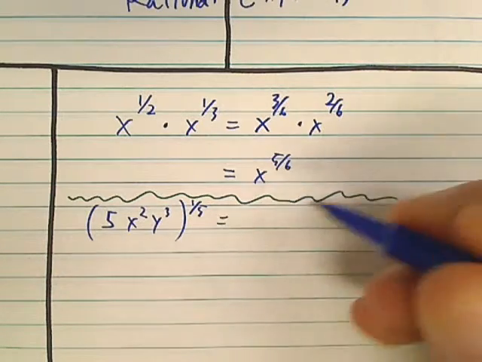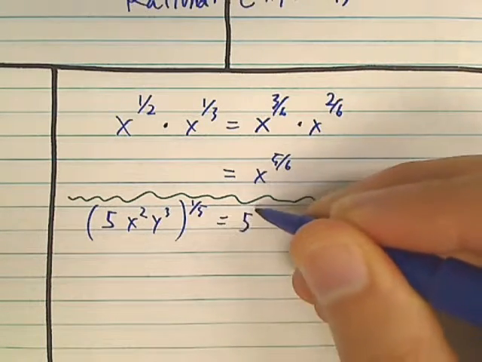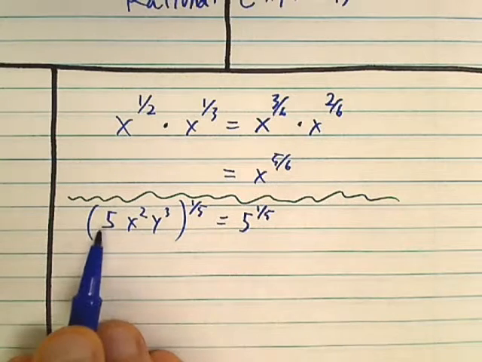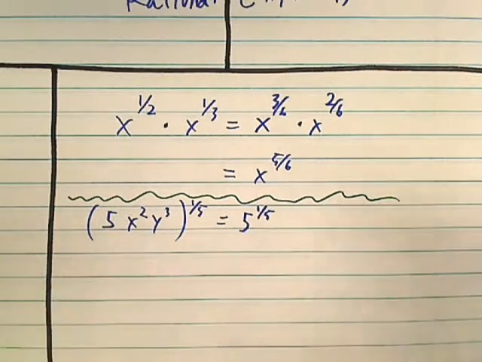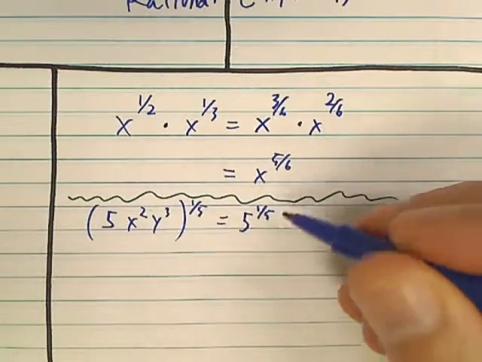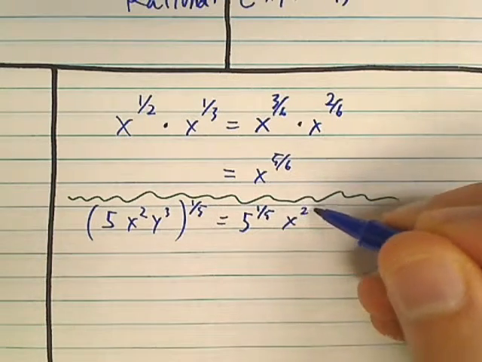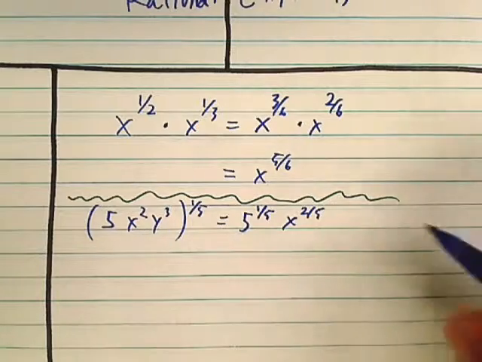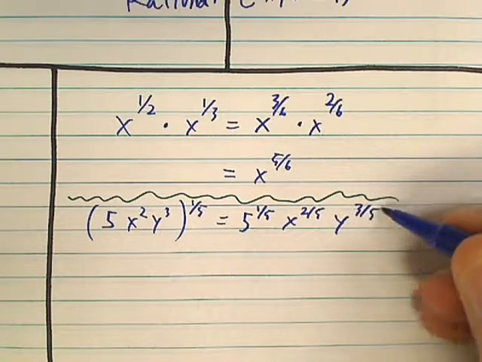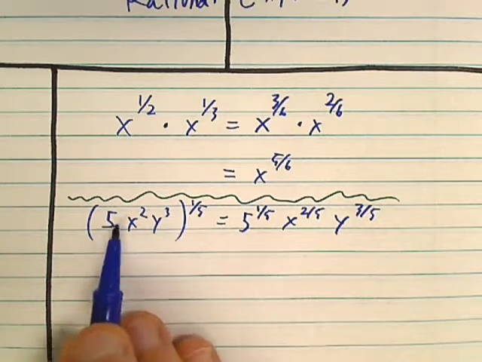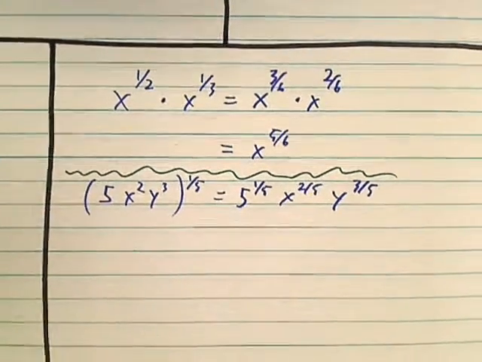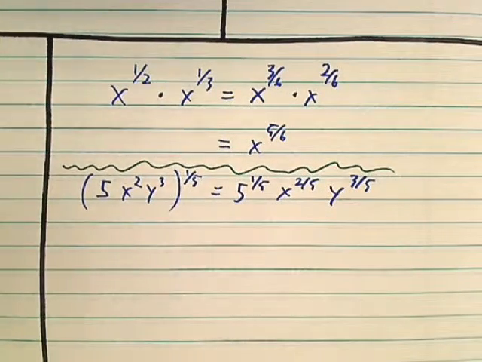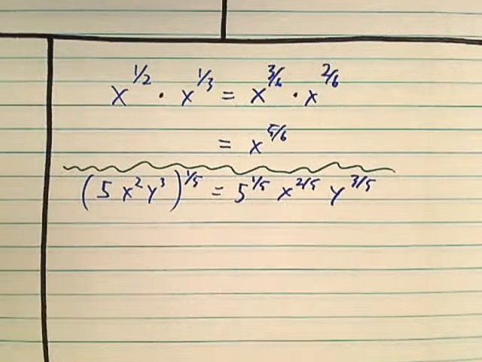So this is going to equal 5 to the 1/5. Remember, if there's no exponent, it counts as 1. 1 times 1/5 is 1/5. 1/5 of 2 is 2/5. X to the 2/5. And then y to the 3/5. So I multiply 1/5 by each of the exponents 1, 2, and 3. None of those reduce, so just leave them as they are. But always reduce a fraction if you can.